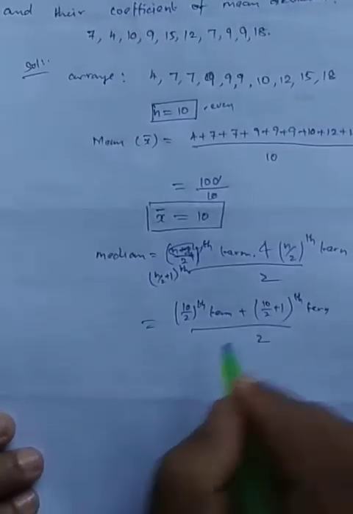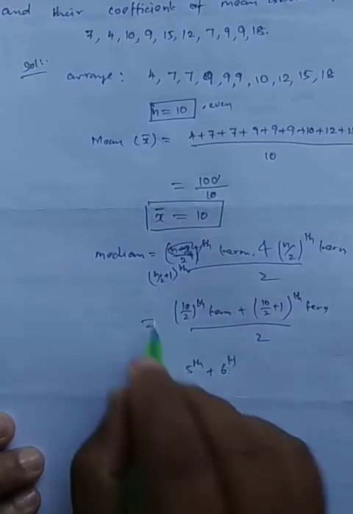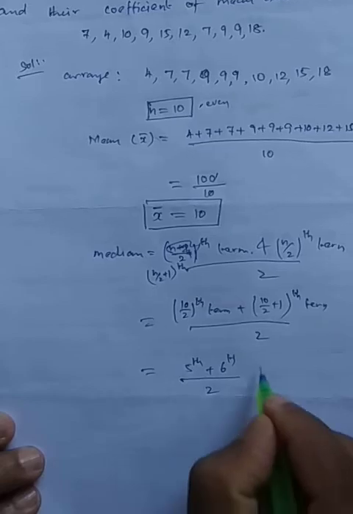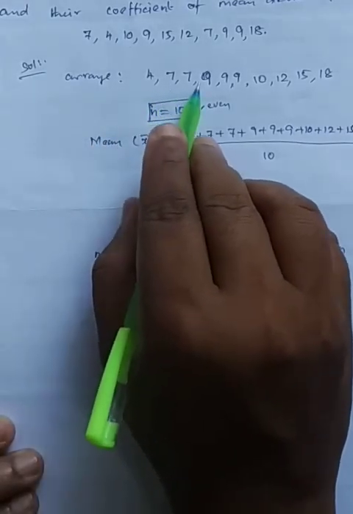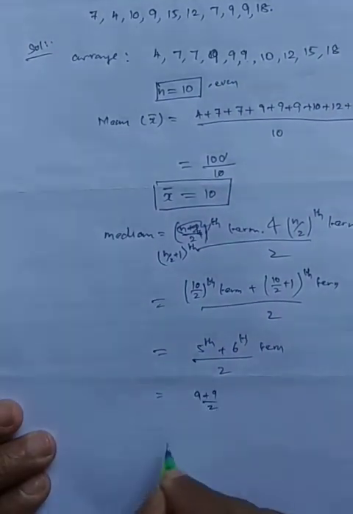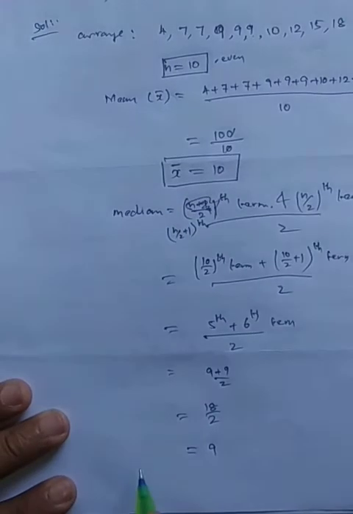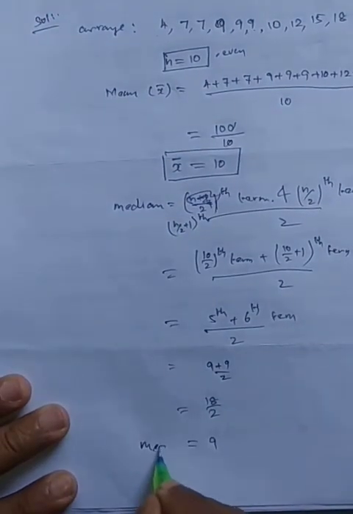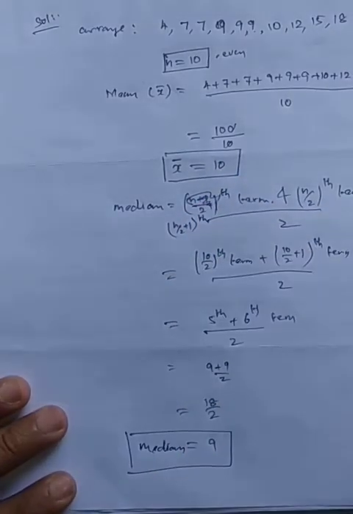Here n is 10, so that is the 5th plus 6th term divided by 2. Counting 1 2 3 4 5 6, both are 9. So 9 plus 9 divided by 2, 18 by 2, that is 9. So this is your median. The mean is 10, the median is 9.